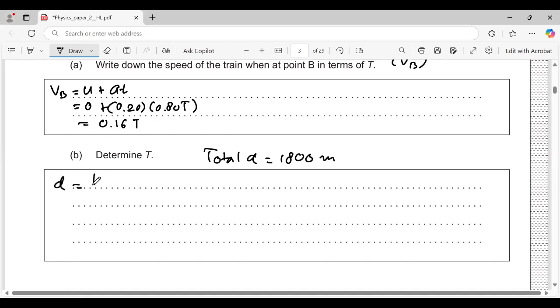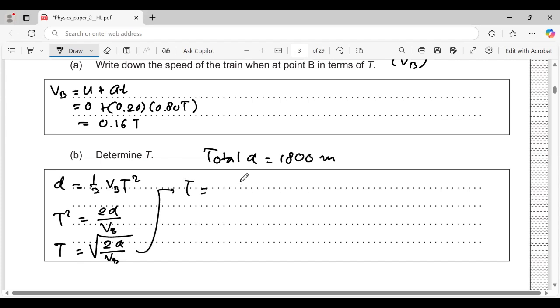Distance equals 1/2 times Vb times t. So we can rearrange this formula: t squared equals 2d divided by Vb, or t equals square root of 2d over Vb.